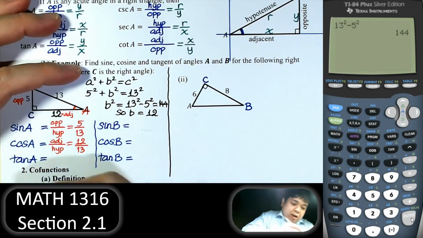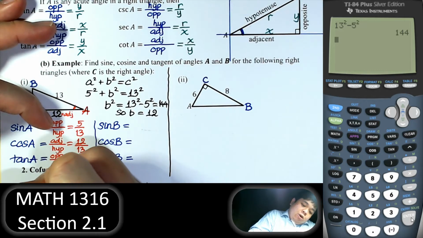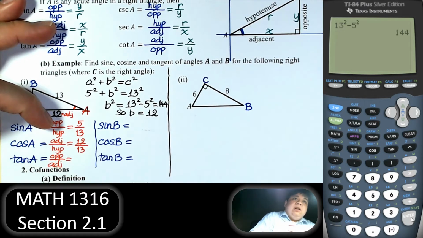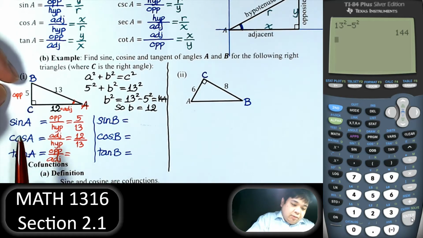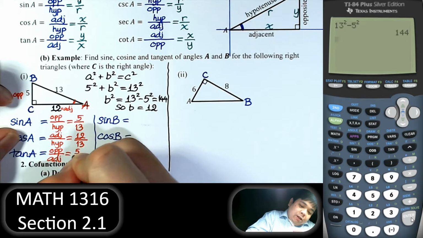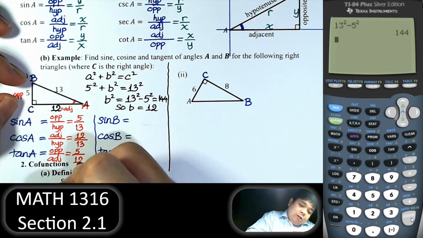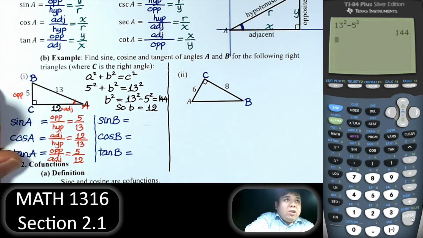And tangent of A is opposite over adjacent: opposite 5 over adjacent 12. So that is for angle A.